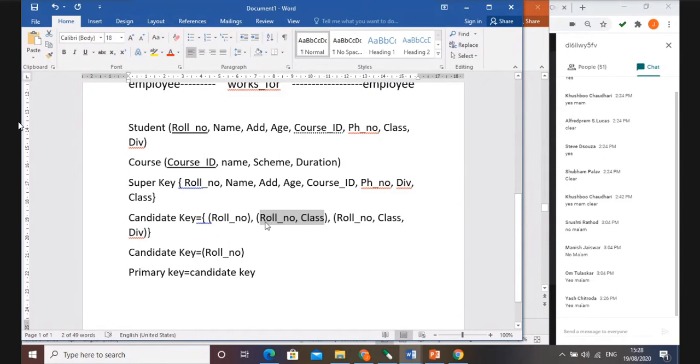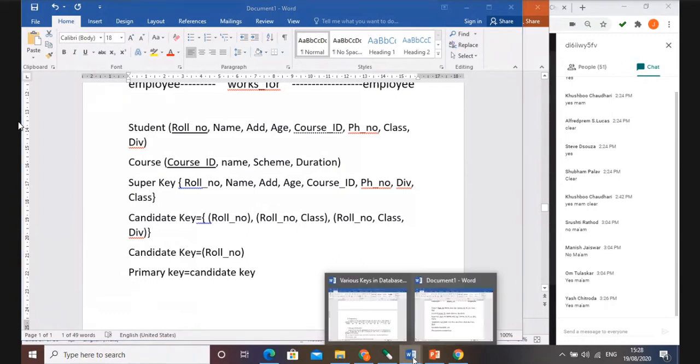Out of this, I can use only roll number in some other relationship, as part of my key attribute, as my foreign key. That is possible if it is a compound key. Then only you can say it is a compound key. But it is not possible with a composite key.